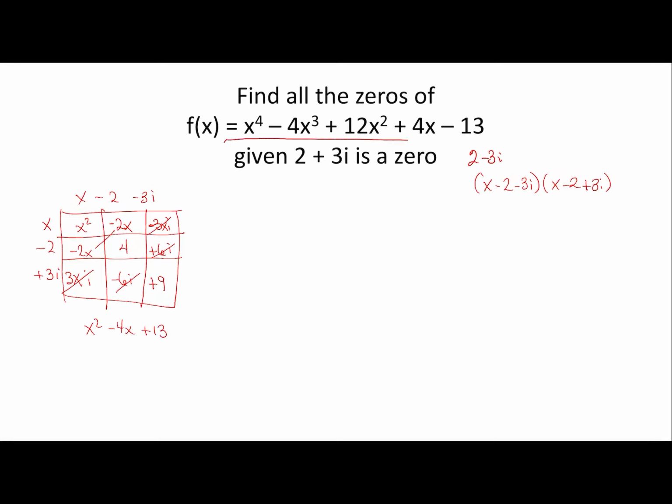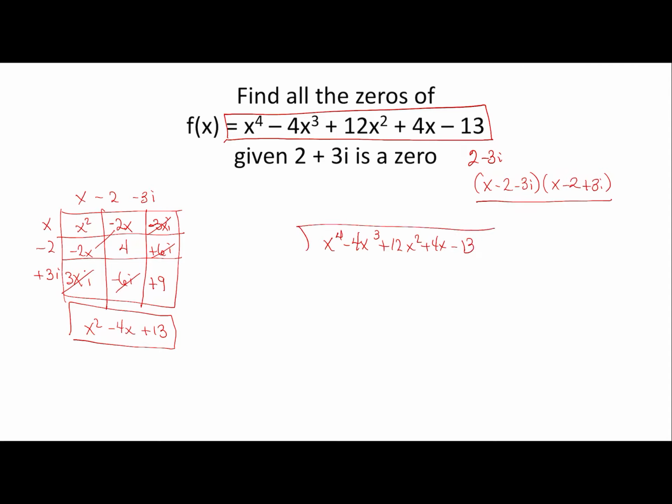So we have a quartic, degree of 4, and we can divide this out by our quadratic that we found by using our two factors that had the complex zeros. In long division, x to the fourth minus 4x cubed plus 12x squared plus 4x minus 13 is being divided by the quadratic x squared minus 4x plus 13.